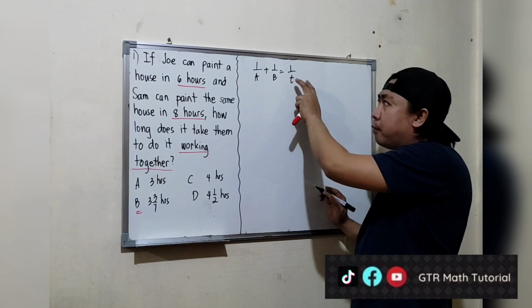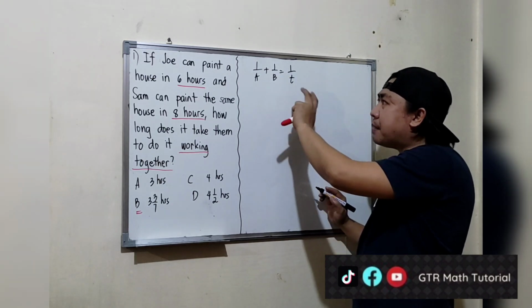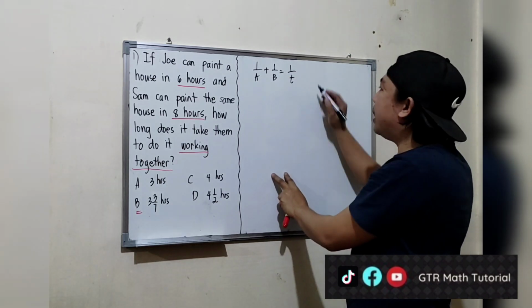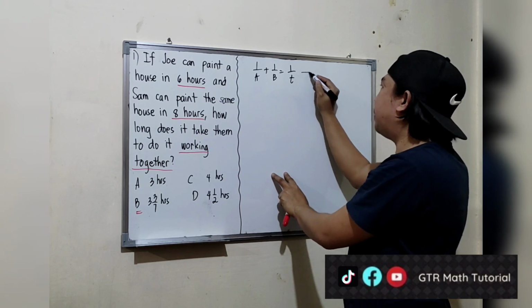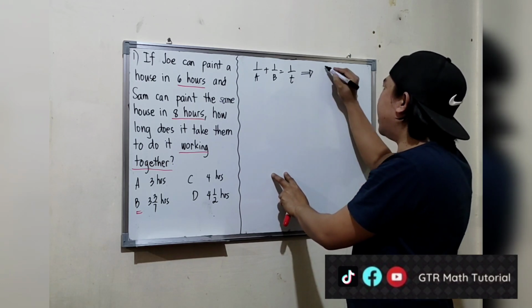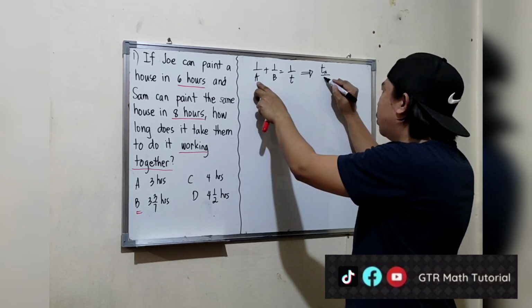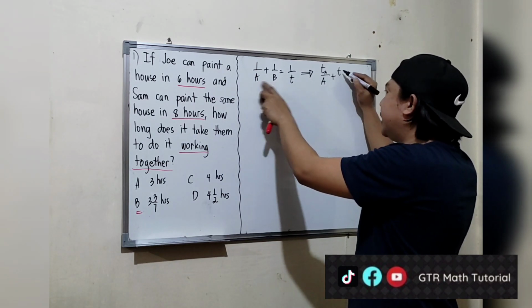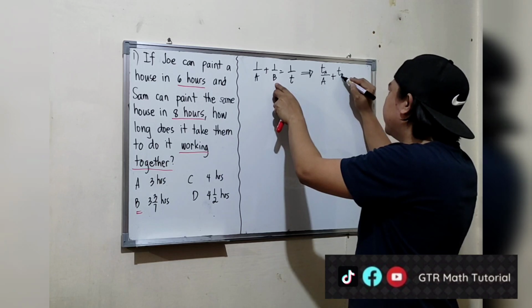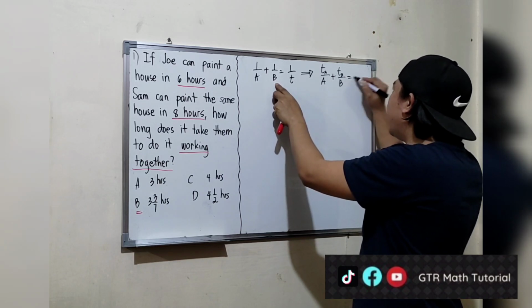So ito yung formula na ginagamit or ang isa pang formula, equal naman siya sa 1. Pwedeng ganito rin siya. Parehas lang naman yan dito. So we have T, time ni first person over A, plus time ni second person over B, equals 1.